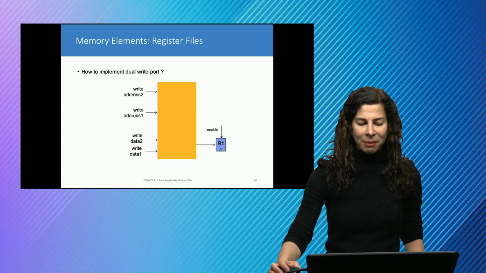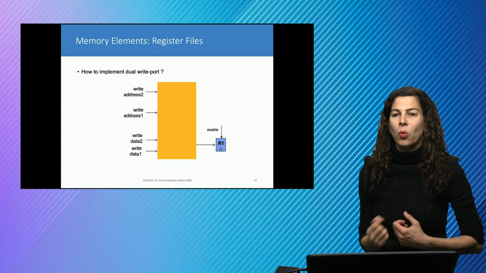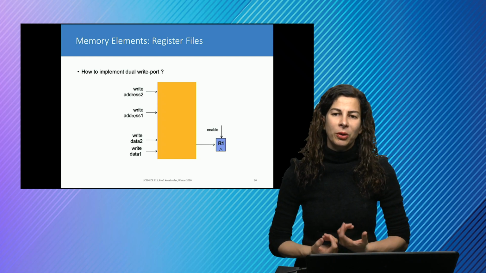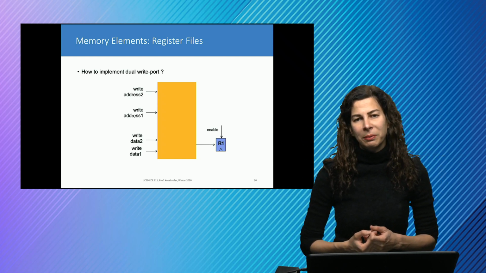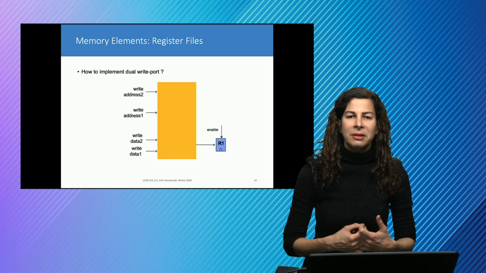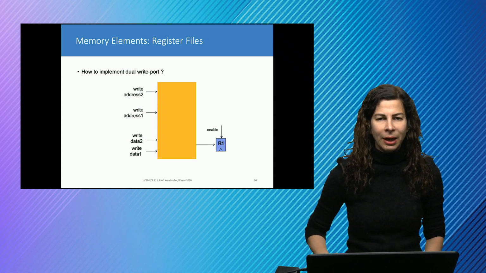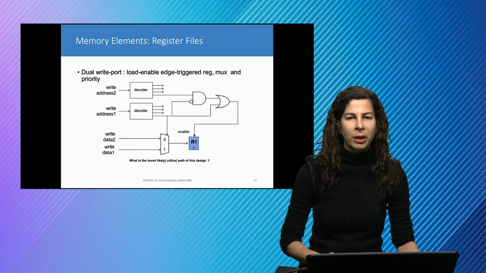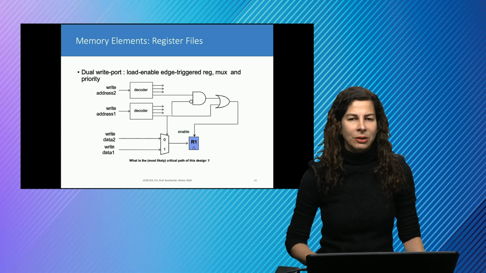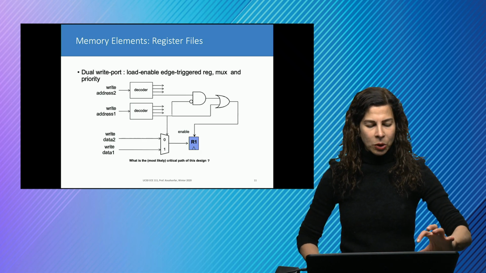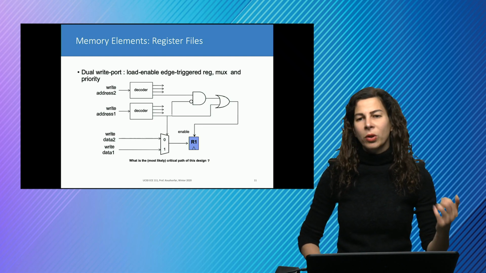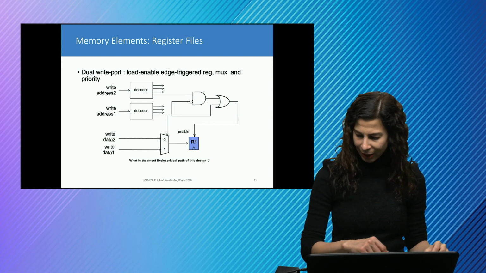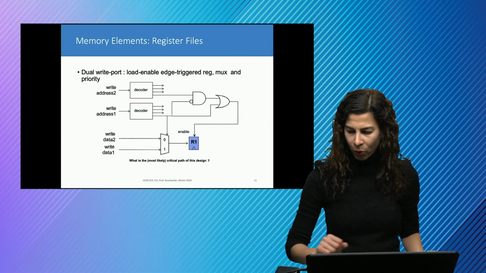Things can get more complicated in real life. We may have more than one port, more than one address that you're reading and writing, and actual memories are becoming multi-port. Here's an example of a dual port memory, showing how to implement the dual write port. As you see, we have two decoders that decode each of the addresses, so as many ports as we have, we have that many port addresses.